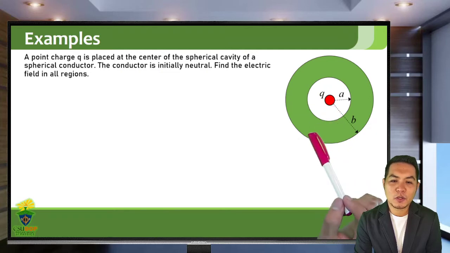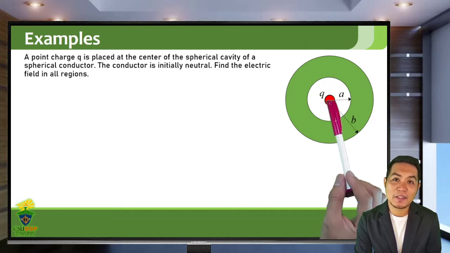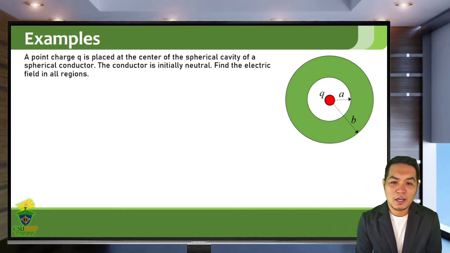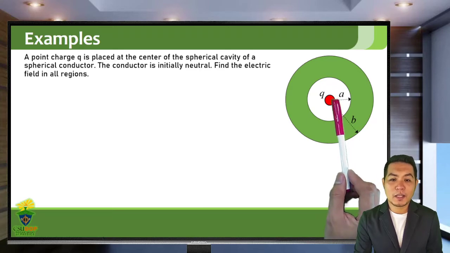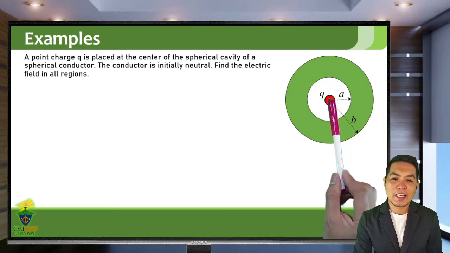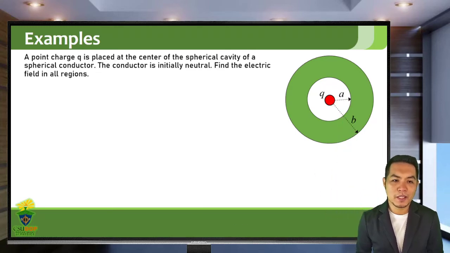Your conductor is assumed to be initially neutral, and then you place a charge Q at the center of the cavity. Your spherical conductor has an inner radius of A and outer radius of B, and you are asked to find the electric field in all regions.